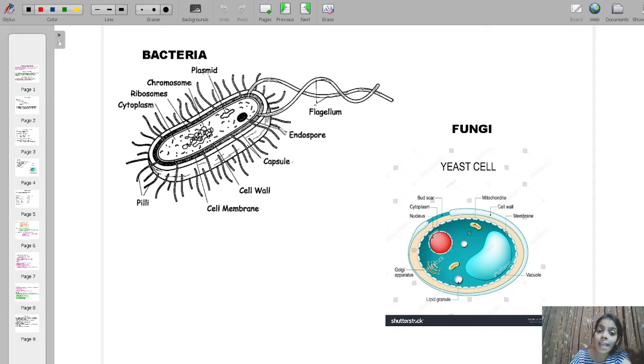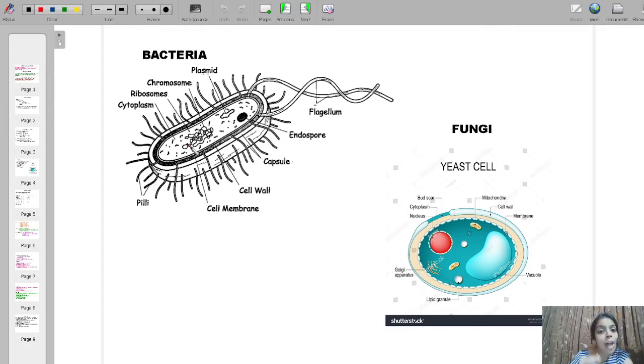These are the main characteristics of kingdom Monera. Now, if they do not have mitochondria, will they not respire? Definitely they will. So instead of mitochondria, what do they have? Sometimes the cell membrane of the bacterium projects inwards and forms certain structures which are called mesosomes.